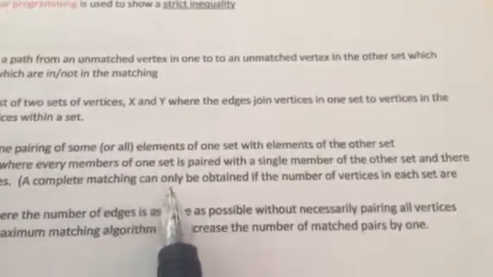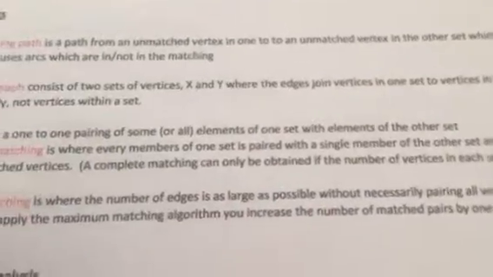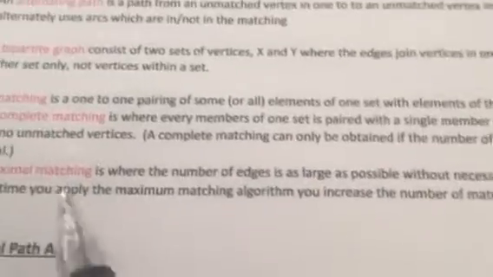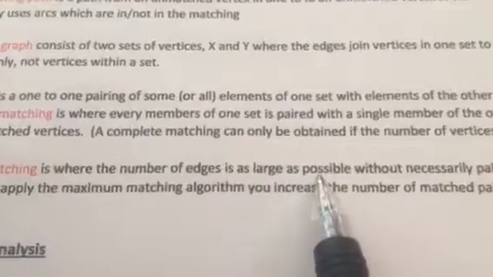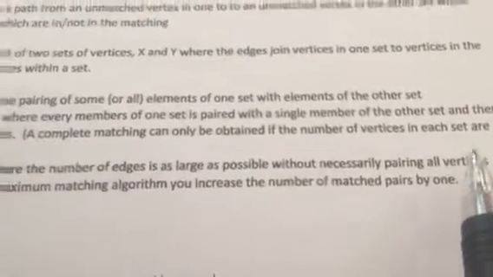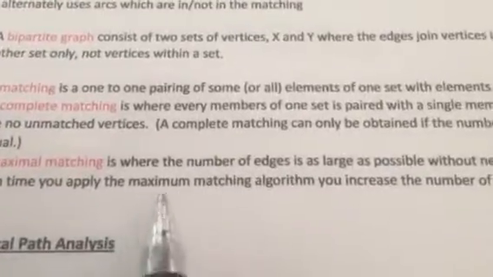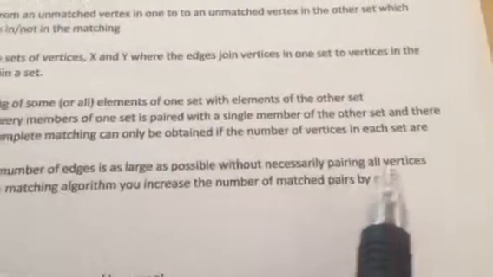And a complete matching can only be obtained if the number of vertices in each set are equal. A maximal matching is where the number of edges is as large as possible without necessarily pairing all vertices. And each time you apply the maximum matching algorithm, you would increase the number of match pairs by 1 only.